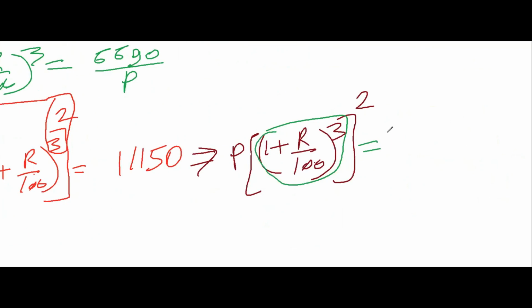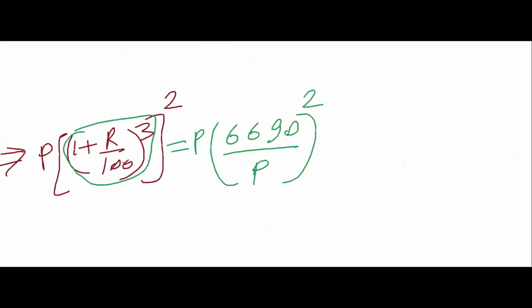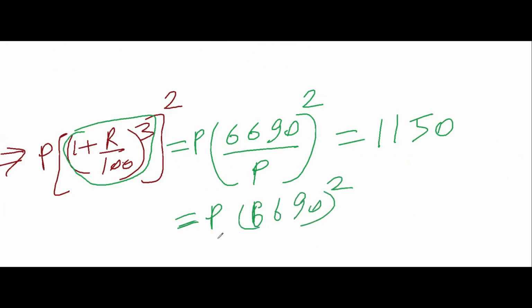So what will I get? I will get P times (6690 upon P) the whole square is equal to 11150. Now P times 6690 squared upon P squared is equal to 11150.